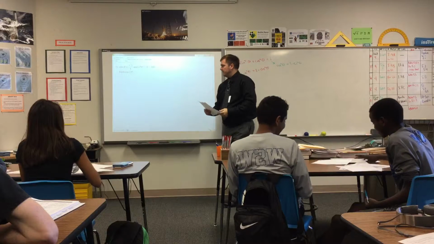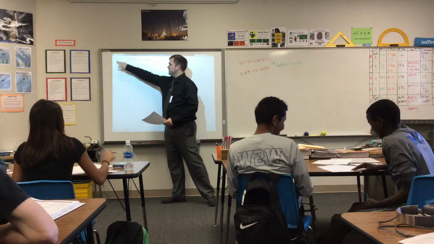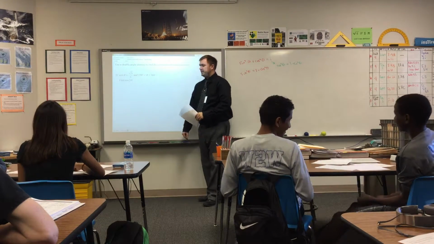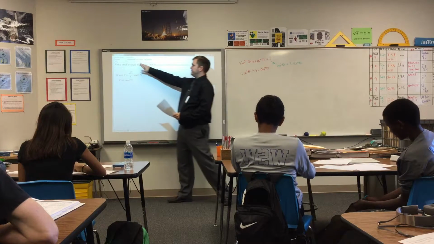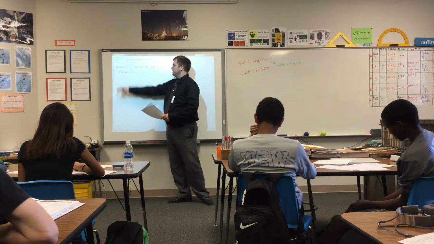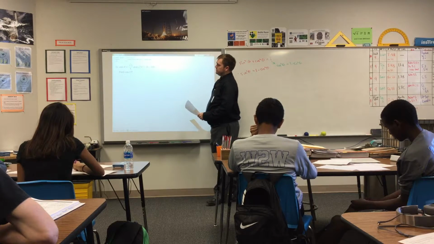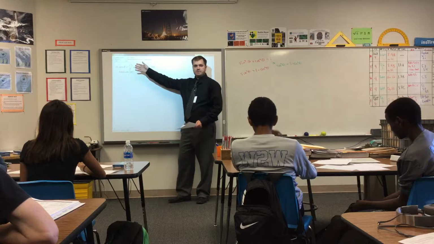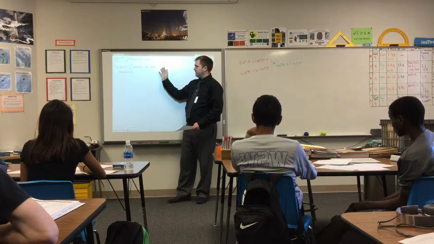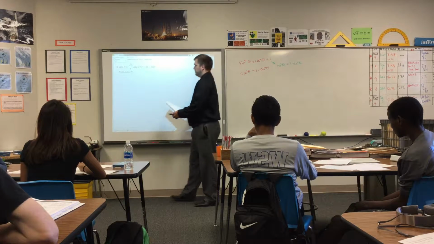So the instructions say use a double angle identity or double angle formula to find the exact value of each expression. Okay. So this is cosine of theta is equal to square root of 5 over 5. You say, well, how did they figure out this? Well, maybe there was a triangle out there, the Pythagorean theorem, you know.